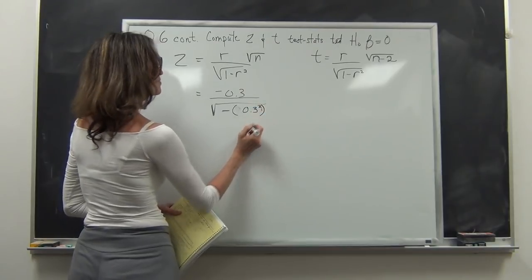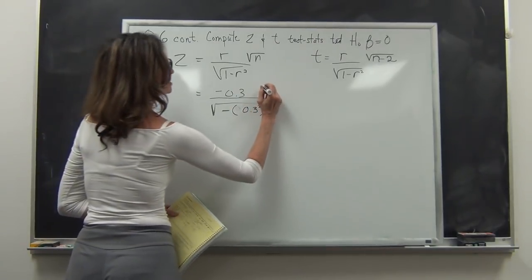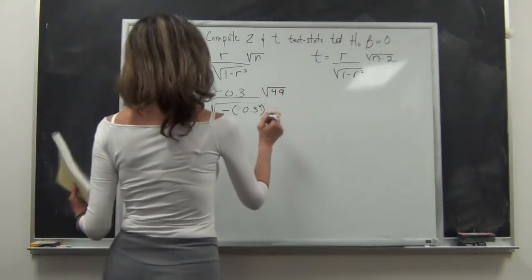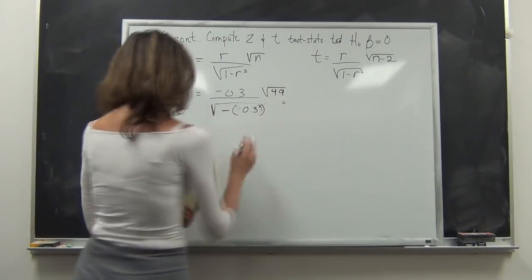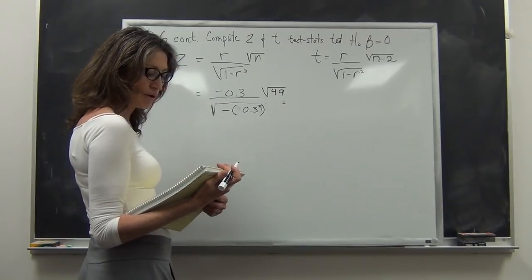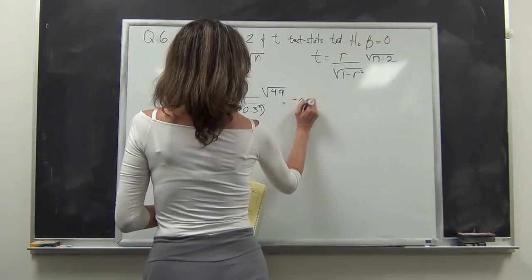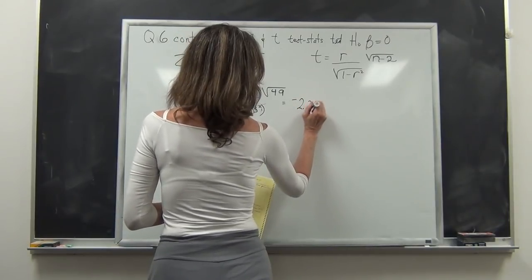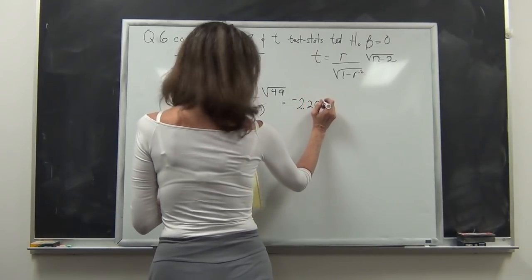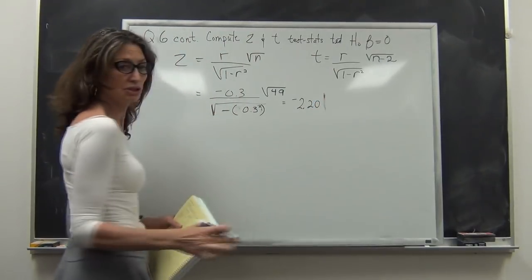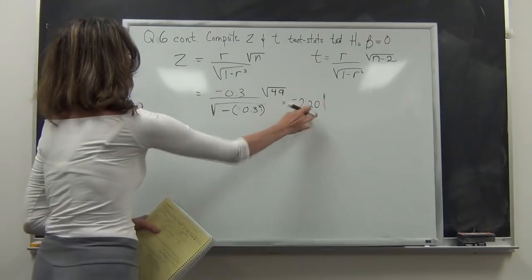So it's just that, times the square root of 49. N was 49. And that worked out to be approximately negative 2.201. I think the instructions said round to just 2 decimal places, so that's fine.